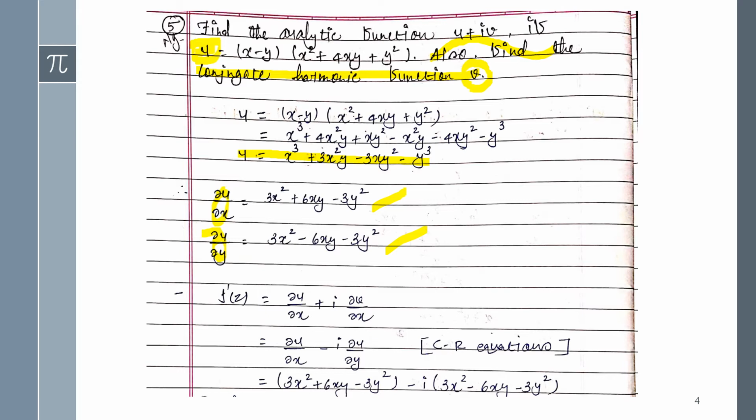So directly I'm writing here del u by del x plus i del v by del x. And as you know, by using the Cauchy-Riemann equations, the formula will change. So this one will be your final formula, and in this formula you have to apply its operators, right? So I'm applying these operators, that is, del u by del x and del u by del y.